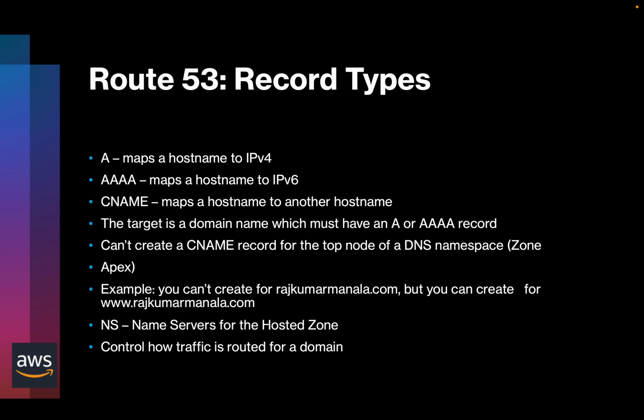We cannot create a CNAME record for the top node of the DNS namespace, so we cannot create it for rajkumarmanala.com, but we can create it for www.rajkumarmanala.com. And NS is nothing but the name servers for the hosted zone, which control how traffic is routed for a domain.